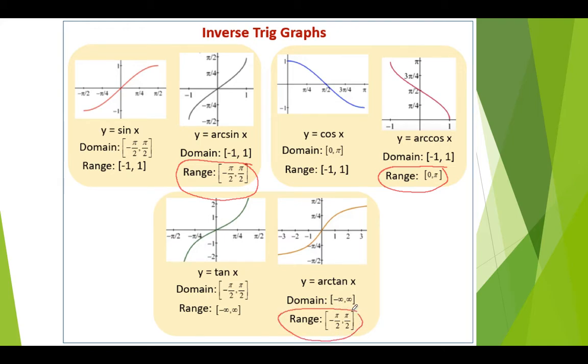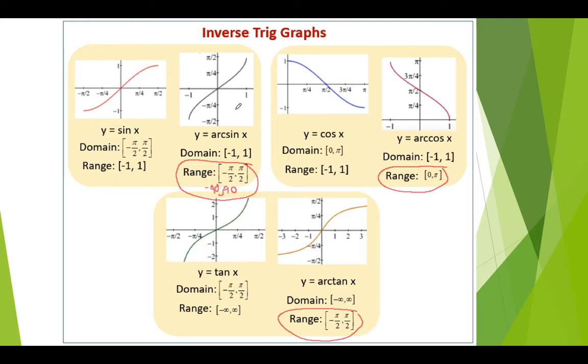So basically what that means is no matter what you plug in to arcsine, the sine inverse, you're going to get an answer between negative pi over 2 and pi over 2. If you converted that to degrees, that would be negative 90 to 90.